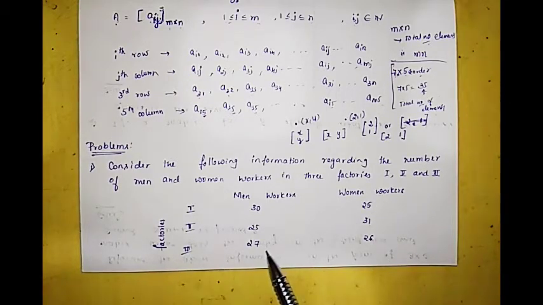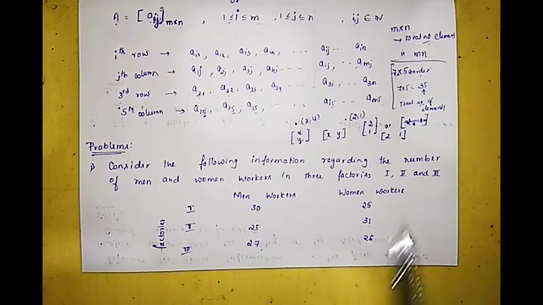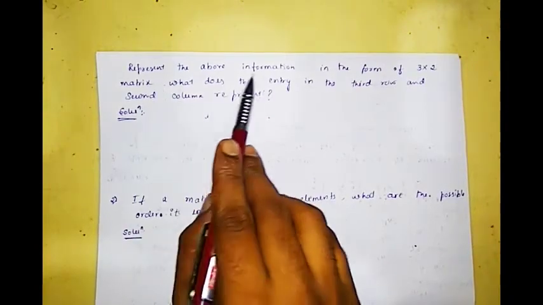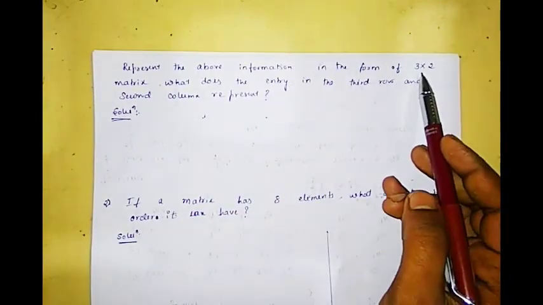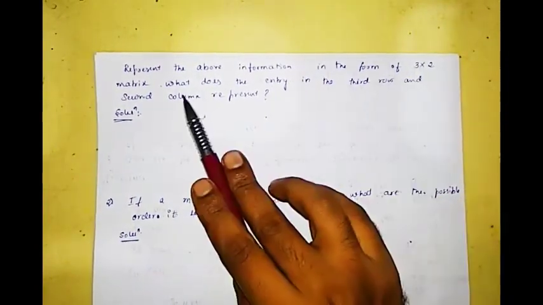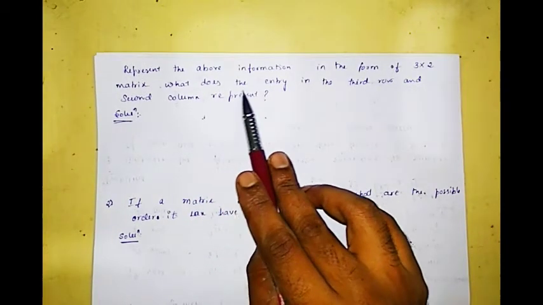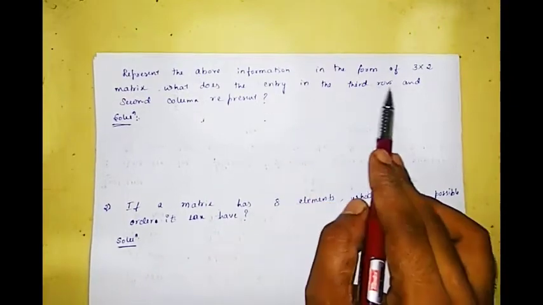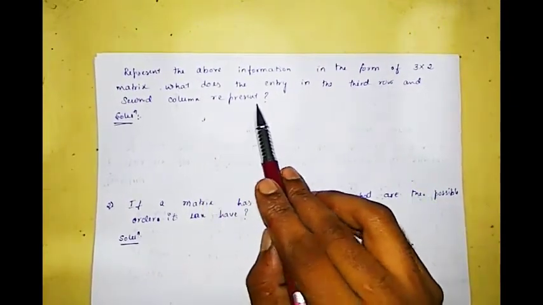In factory 3 there are 27 men workers and 26 women workers. The problem is to represent the above information in the form of a 3 by 2 matrix, and what do the entries in the third row, second column represent?